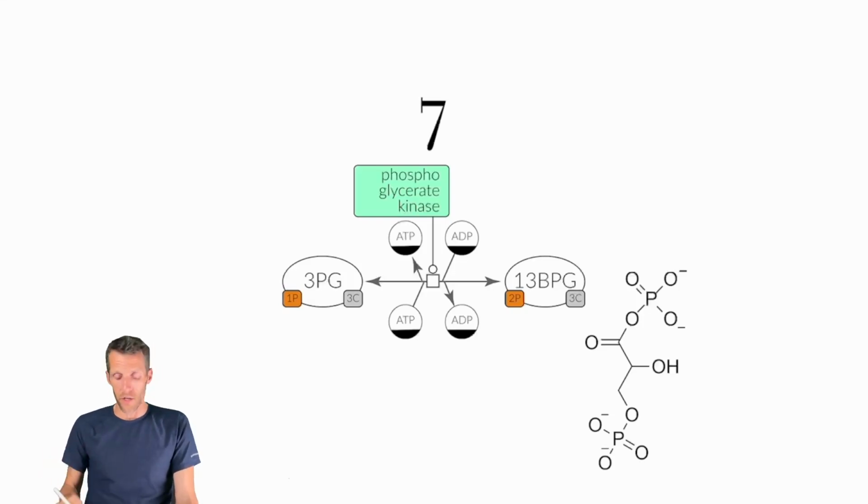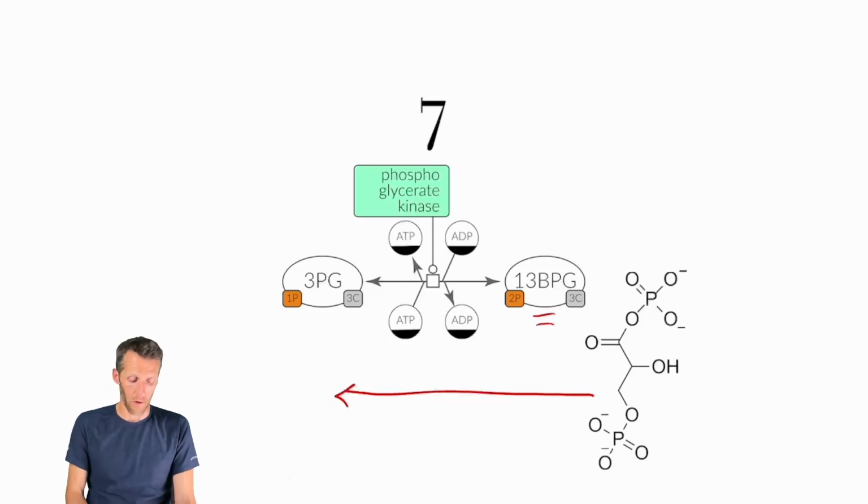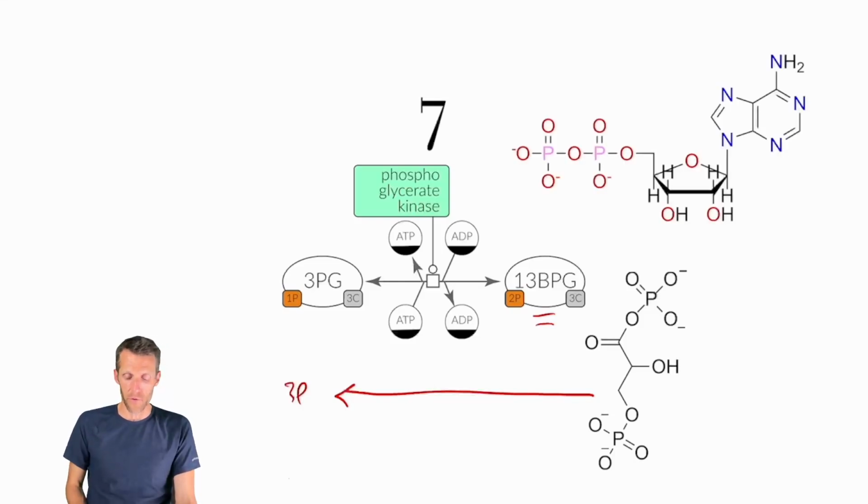So the next step here is we're going to take our 1,3-bisphosphoglycerate, and we're going to run it in this direction. This is actually a reversible reaction, but this direction is going to form this 3PG. It's going to couple that to phosphotransfer. So here, I'm drawing an ADP.